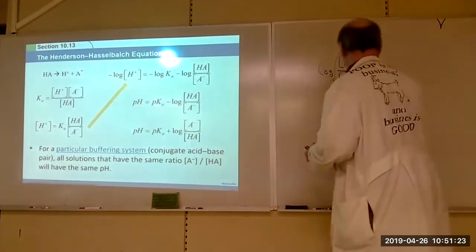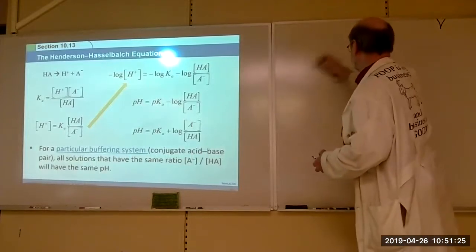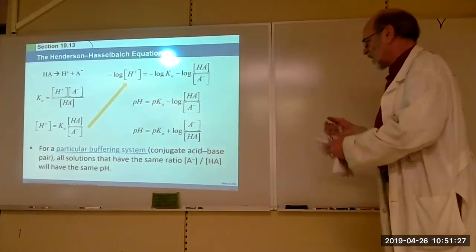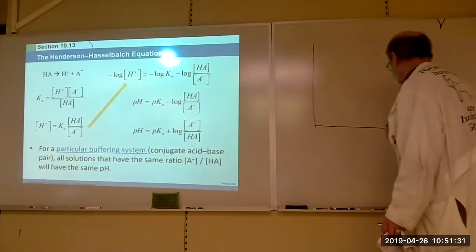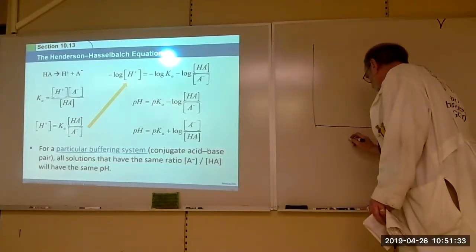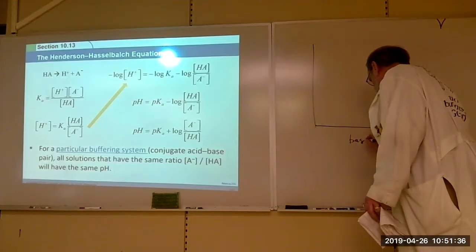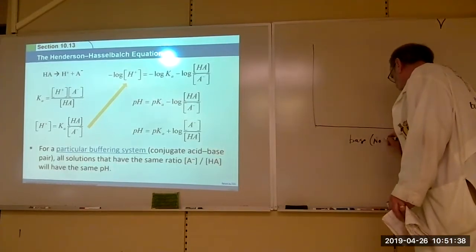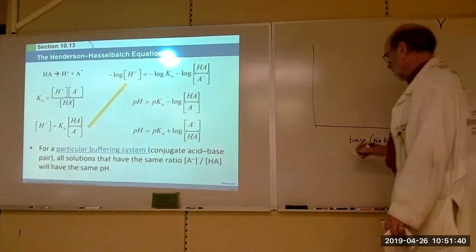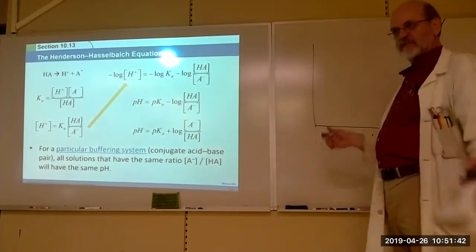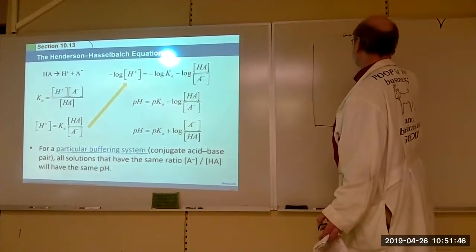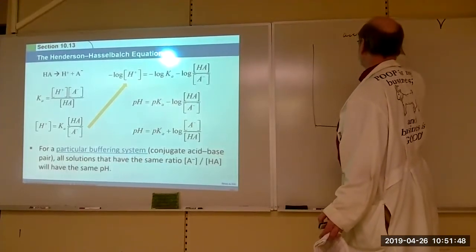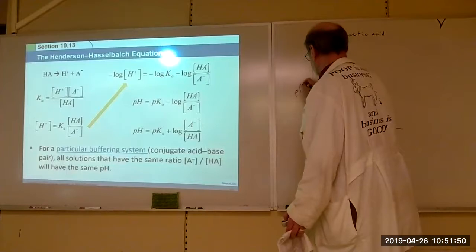Now, I have my general chemistry class doing titration. So this is base, like sodium hydroxide, and you're titrating it against, let's stick to acetic acid, okay? Acetic acid. Right. This is your pH.